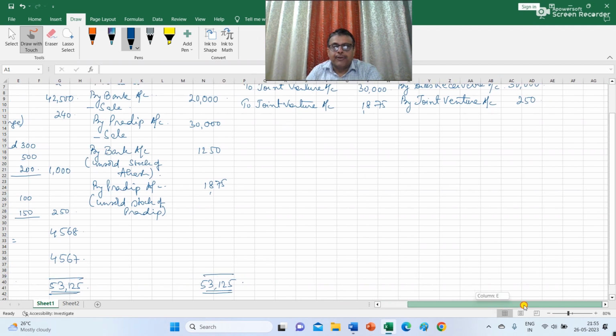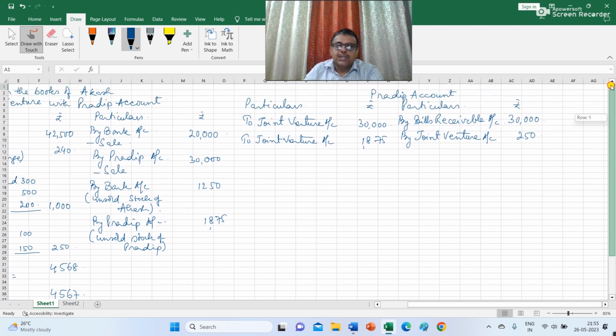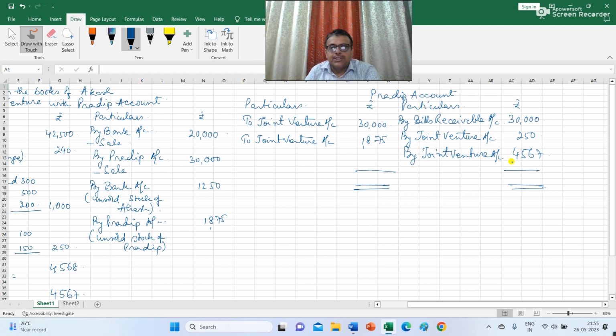Now the amount of profit that will be shared by Pradeep, you need to record it here in the Pradeep account as by joint venture account, that is 4567. Now after recording the profit from venture in the Pradeep account, you will find a balancing figure on the debit side. So total of the credit side is 34,817 and the balancing figure is 2,942. Now I am writing here as to balance c/d.